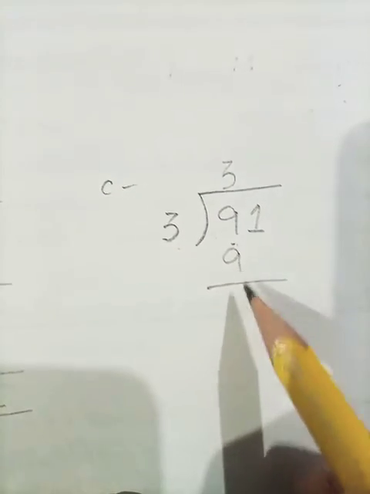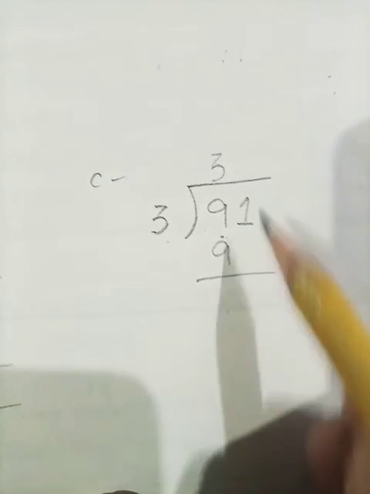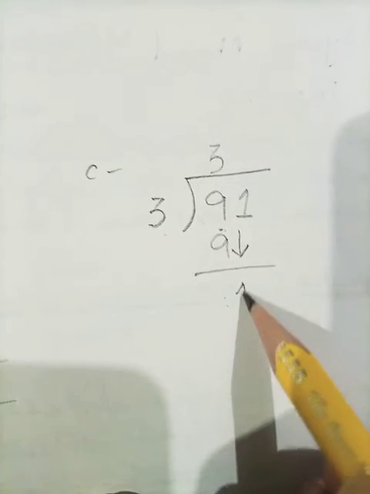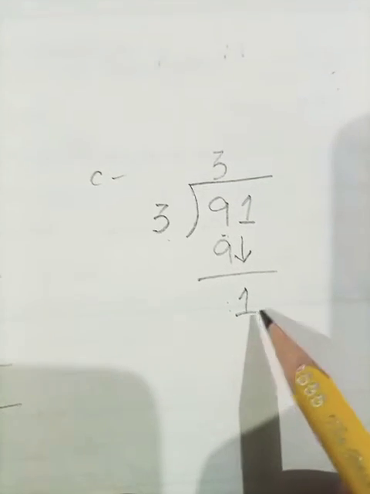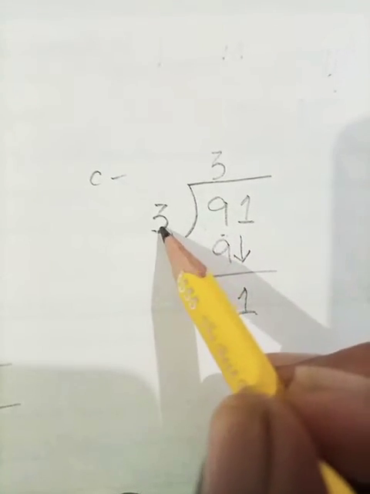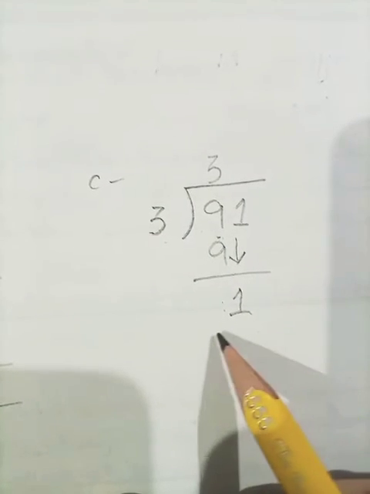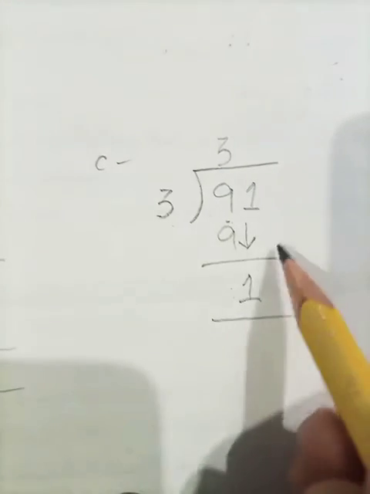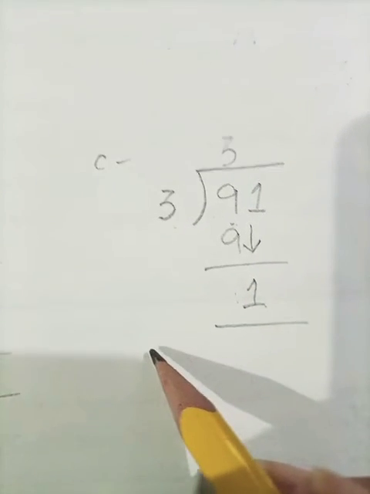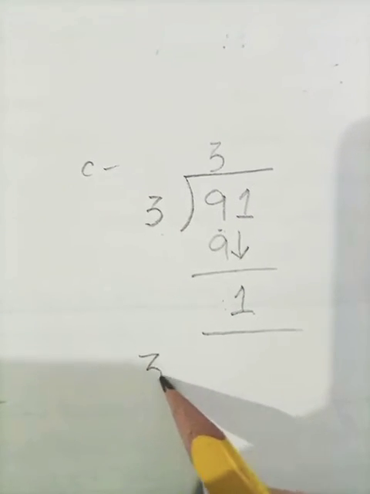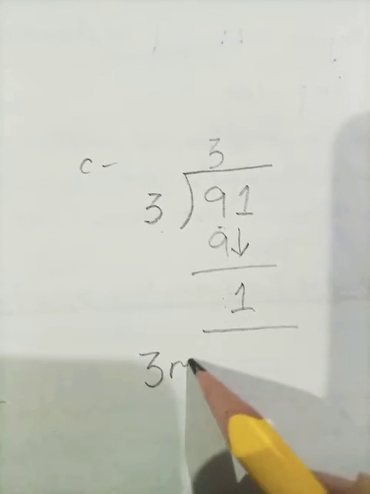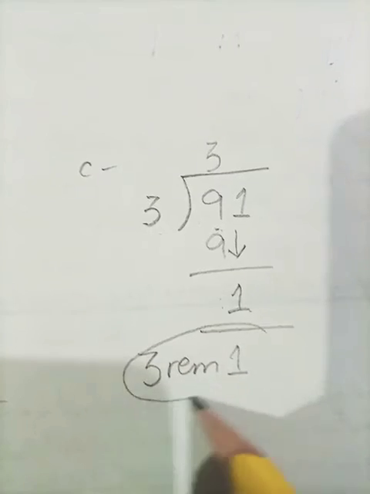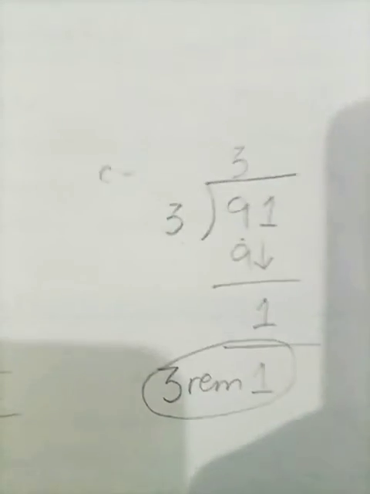When we subtracted 9 from 9, our answer is 0, and we will bring down this 1 here. So this one is quite smaller than our divisor and we can't divide it further, so this one will be our remainder. How can we write the answer of this question? Yes, the quotient first, then the remainder, that is 1. So here is our required answer.